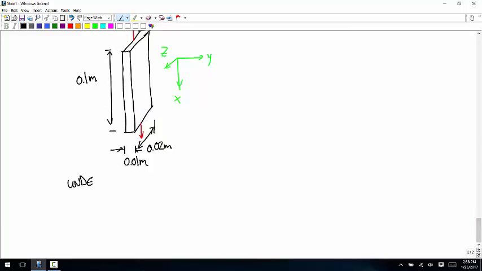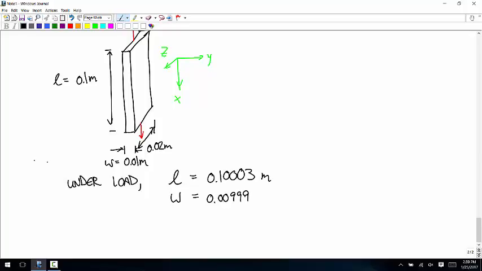Under this load, we measure that the length changes from 0.1 meters to 0.1003. So that's L. This is the width. The width changes to 0.009992.